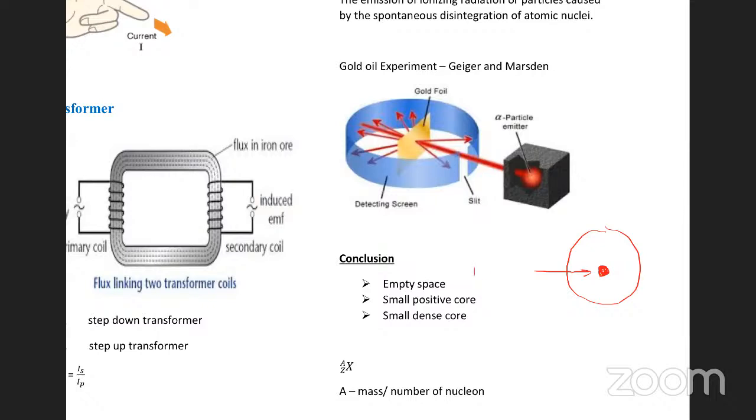It's called the nucleus. Inside the nucleus you have the positively charged particle called the proton and the neutral particle called the neutron. And around it are the shells with the electrons in them. That's basically the model of the atom that we will use.